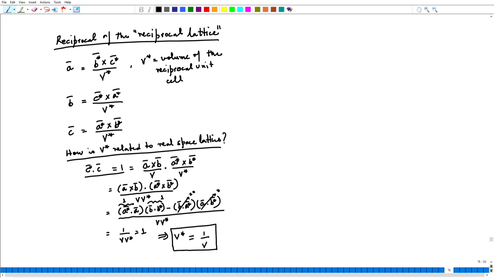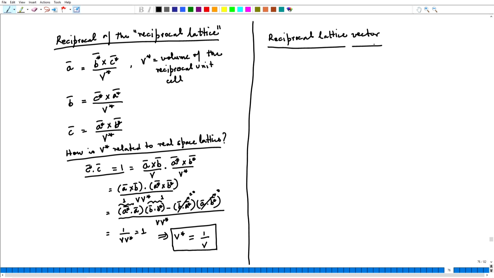Now, let us take a more general reciprocal lattice vector. Just like in the real space, I can also take a vector in the reciprocal space, a reciprocal lattice vector, because the reciprocal lattice also is a lattice in a similar fashion, that it will have the translational symmetry. So, I can define a reciprocal lattice vector, I will call that R star.